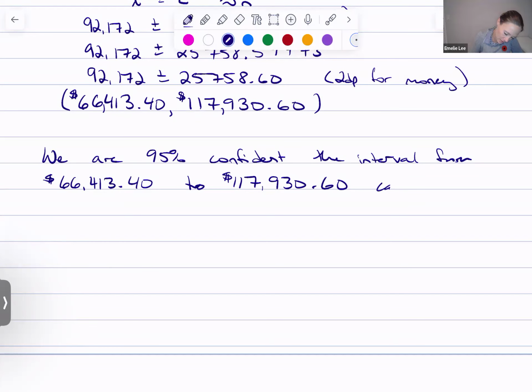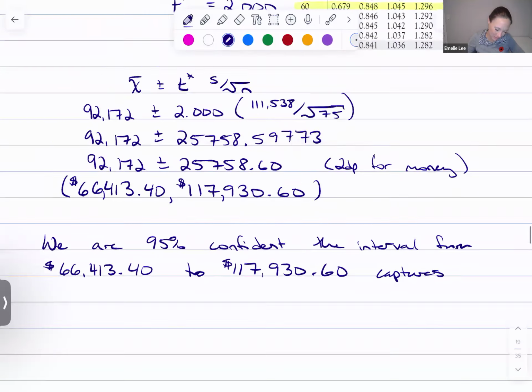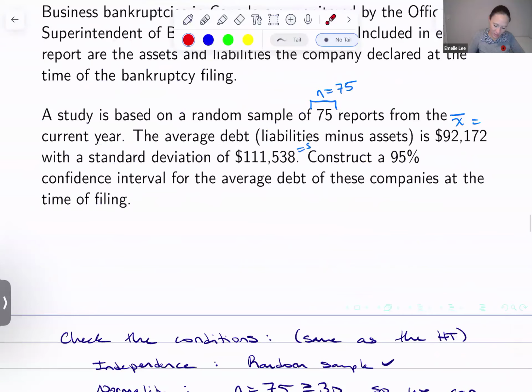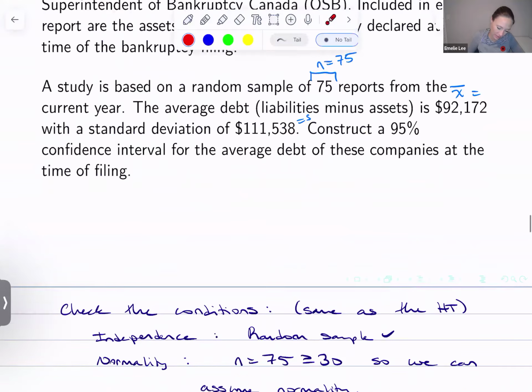captures what? This is where you reword the question as an answer. Construct a 95% confidence interval for the average debt of these companies at the time of filing. So captures the average debt of these companies at the time of filing.